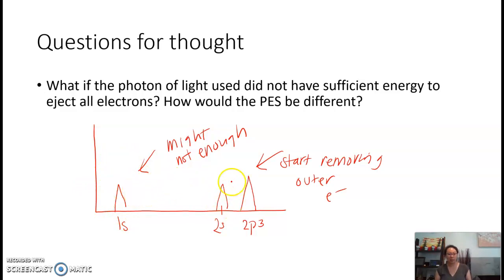So you could end up construing a 2s orbital as a 1s orbital. You can actually mix up the elements if not enough energy is used in that photon of light. What's going to get left off are your core electrons. The more energy it takes, the more likely it is to be left off of that PES diagram.